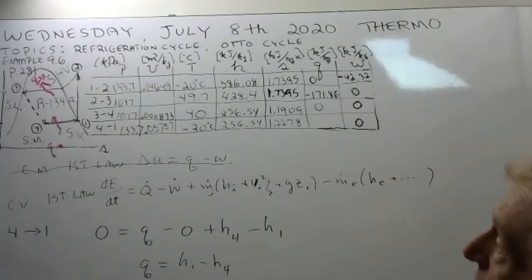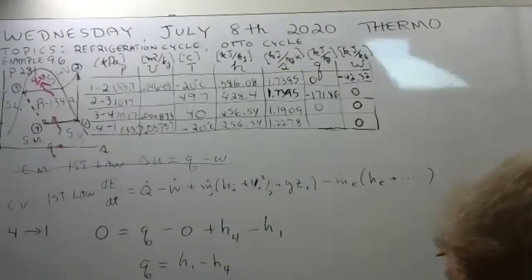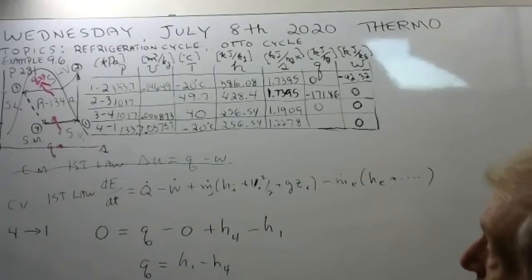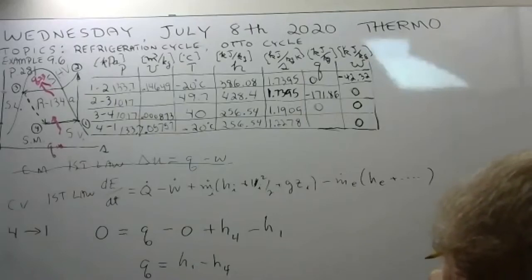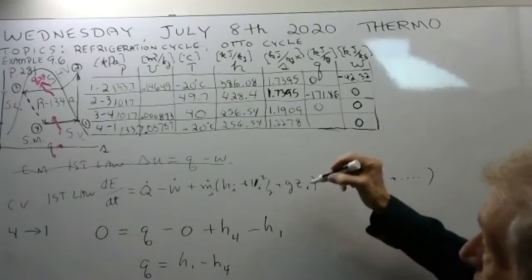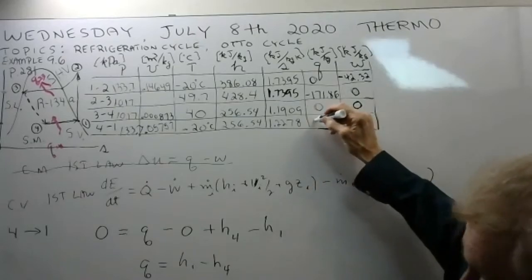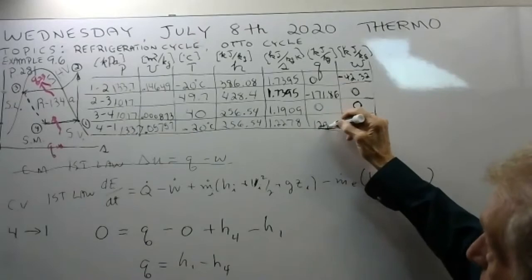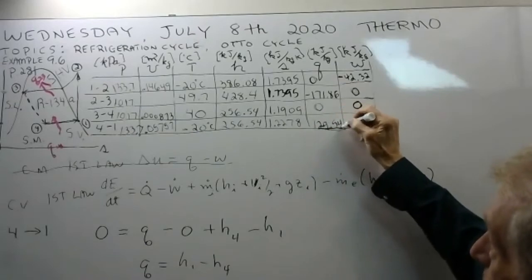Okay, let's do that. Here goes. H1 is 386. And then you have to subtract 256. Did you get a heat transfer of 129.54?